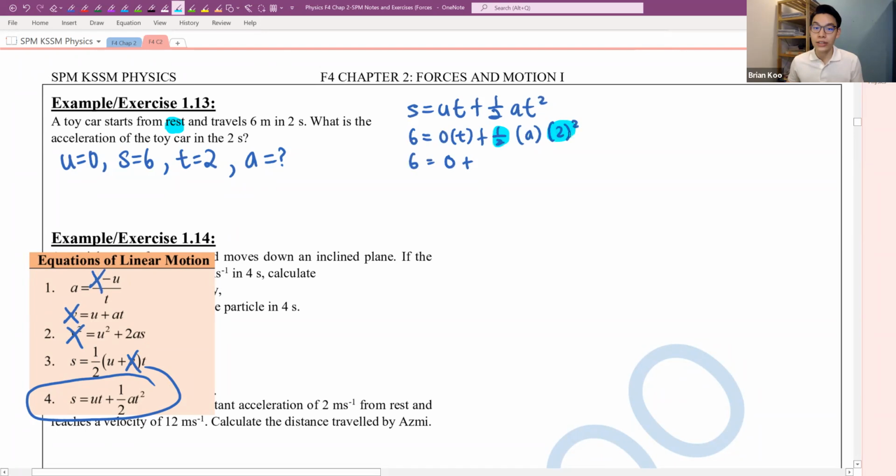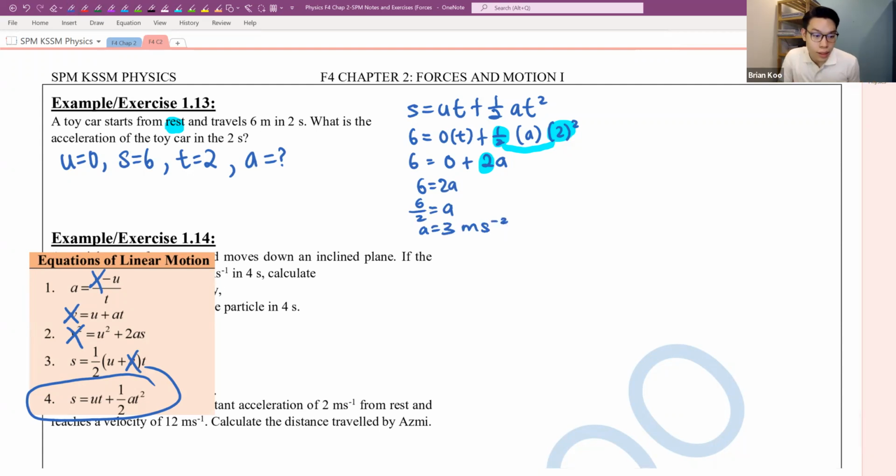Instead of times A first, you can times these two together: 1 over 2 times 2 squared. Type in your calculator, that is 2. So A equals 6 divided by 2. A equals 3 meter per second squared.